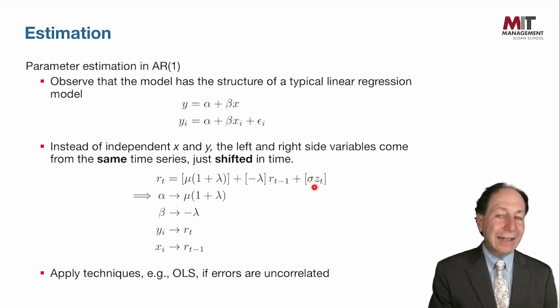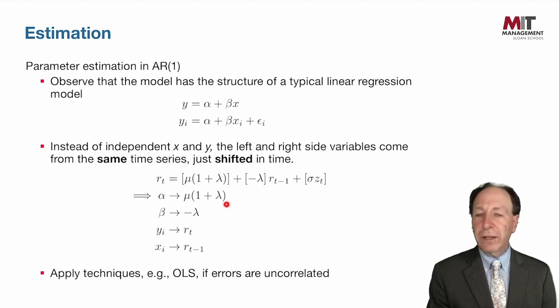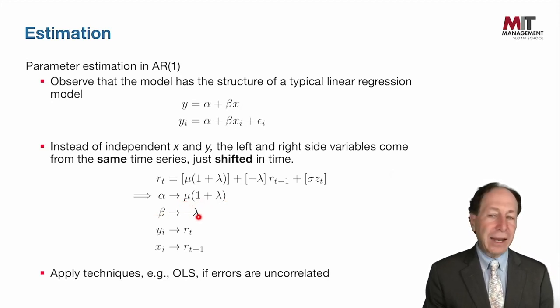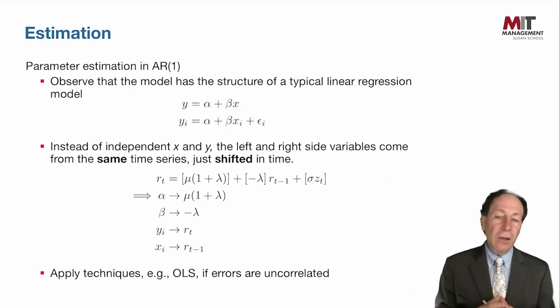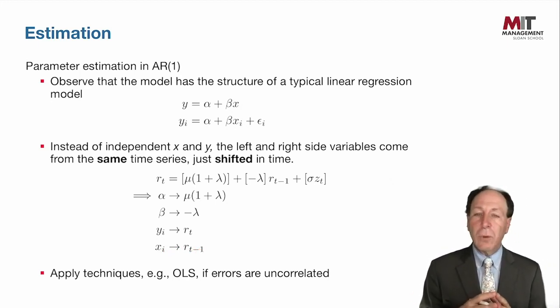So that looks exactly like the above if I make the substitutions: the intercept alpha is equivalent to mu times (1 plus lambda), and the slope is minus lambda. The dependent variable is r_t, and the independent variable is r_{t-1}. So given data, we can just apply ordinary least squares to get the values of the coefficients.